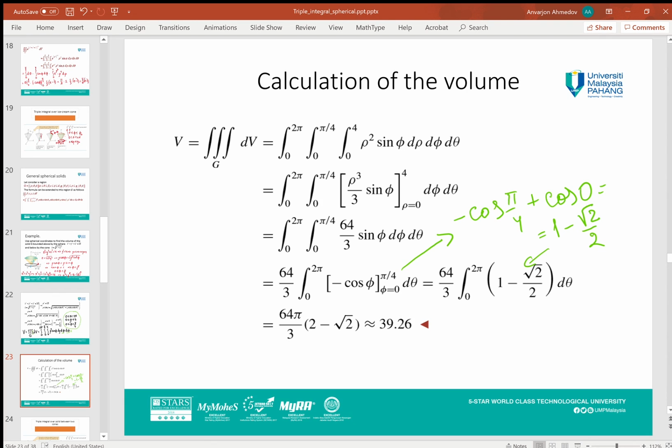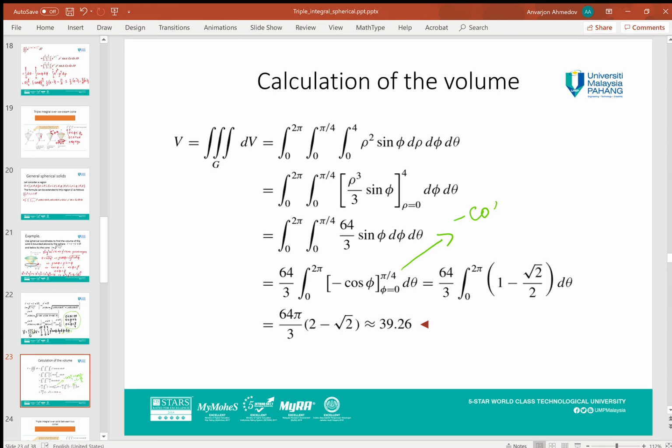Okay, here let me explain this integral calculation. We integrate by rho first, then it will be rho cubed over 3 from 0 to 4. I substitute the values, I get 64 over 3 sine phi.